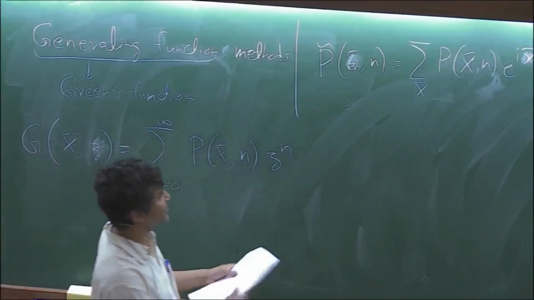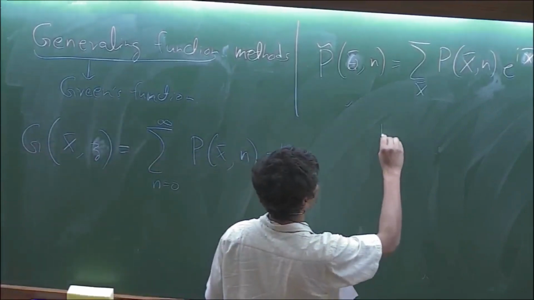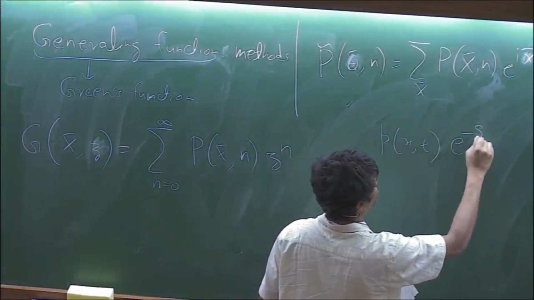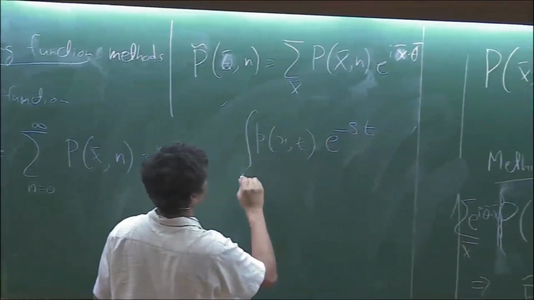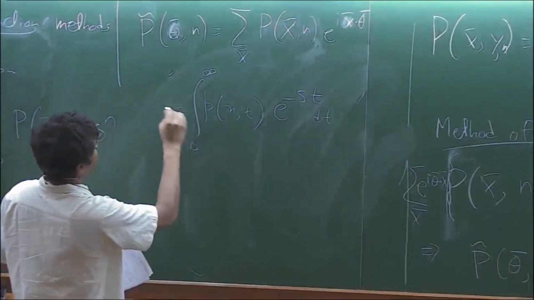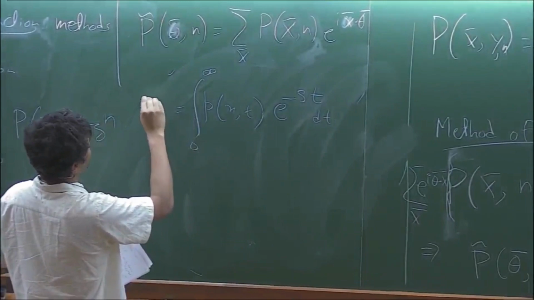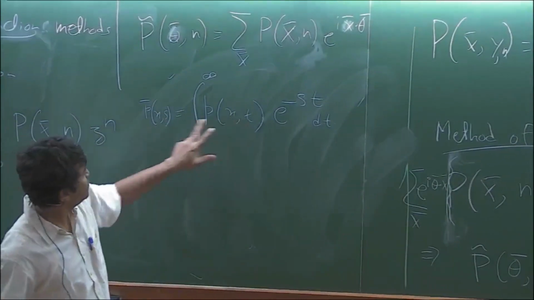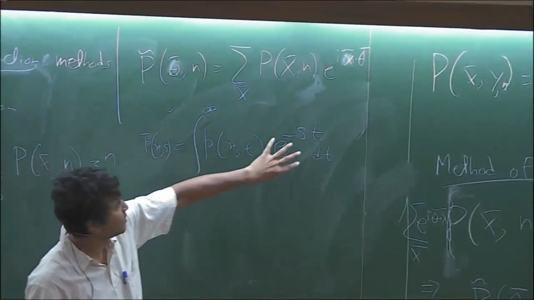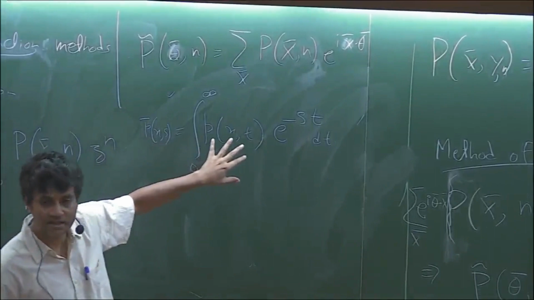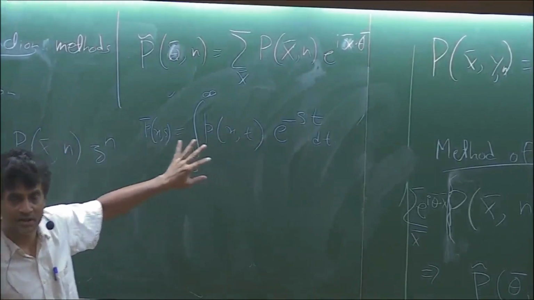If you had a continuous function p of x, t, you would normally take a Laplace transform, e to the power minus st from 0 to infinity, and call it p bar x of s. You transform time to a new variable s, and this function has exactly the same information as the original.